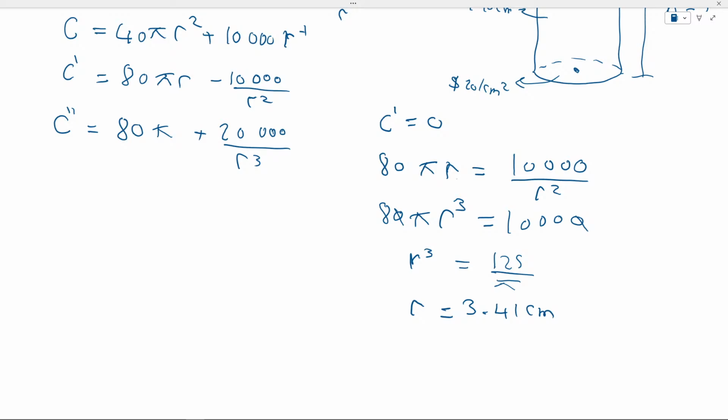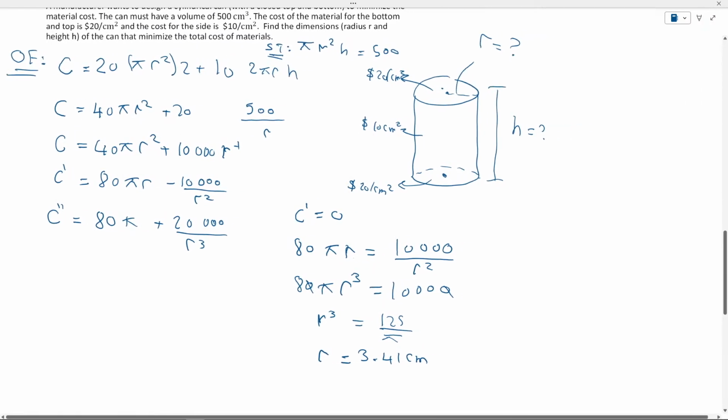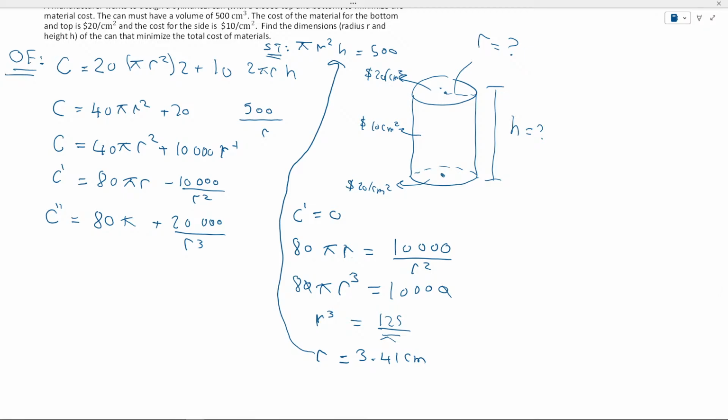So divide this by pi and you take the cubic root. Then you'll have an equation here. If I substitute r in this equation, you can solve for h. In that case, I got h is equal to 13.66.